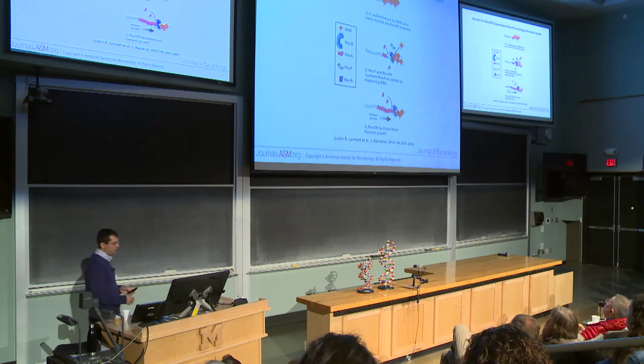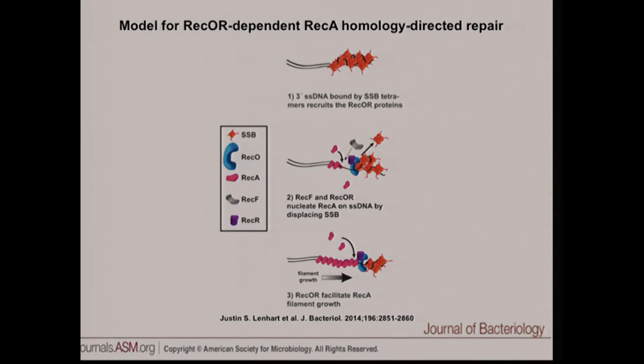All right, so we're going to come back to our model here, and we're going to do one more test. But what we were able to do in thinking about the data that we found, as well as data that other people had published, is that once this break is coated by single-stranded binding protein, then RecA ultimately needs to displace it.